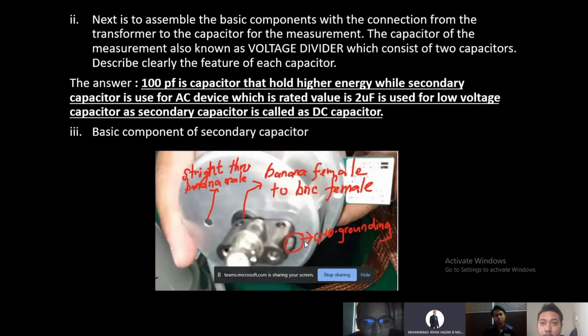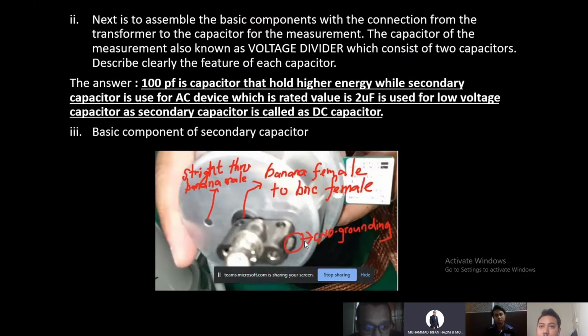For the second, next is to assemble the basic component with the connection from the transformer to the capacitor for the measurement. The capacitor for the measurement is also known as a voltage divider, which consists of two capacitors. Describe clearly the feature of each capacitor.